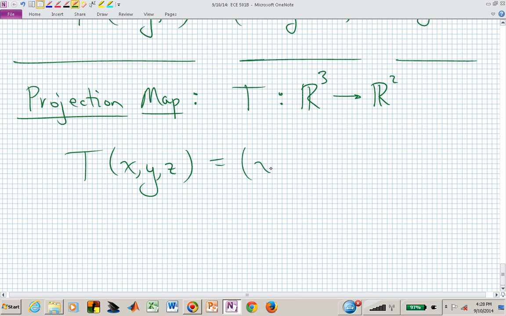Maybe it just takes my head location in the room and projects that onto the floor. And now wherever I am in the room, or my head, wherever it is, you don't care where it is vertically. You just want to know where am I standing. Projection operator, or a projection map. And that's a linear map. Is it? Yes.